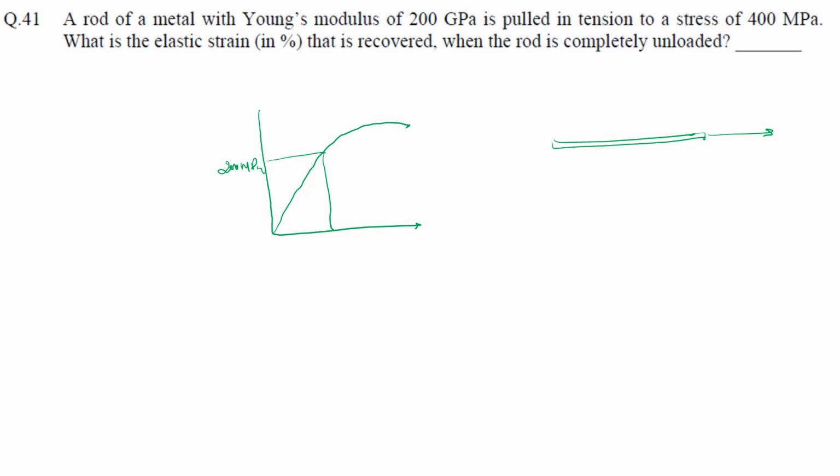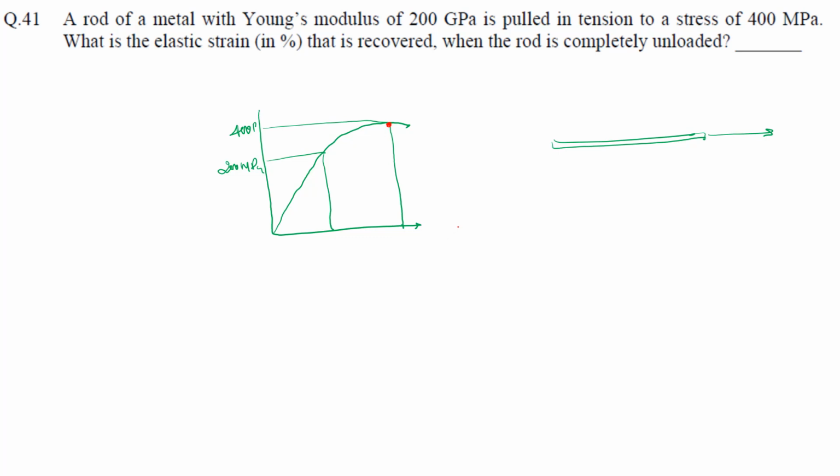And it has been taken to a stress value of 400 MPa. Now this is the 400 MPa. So what happens? Suppose at this point, when the load is removed, some elastic recovery takes place.